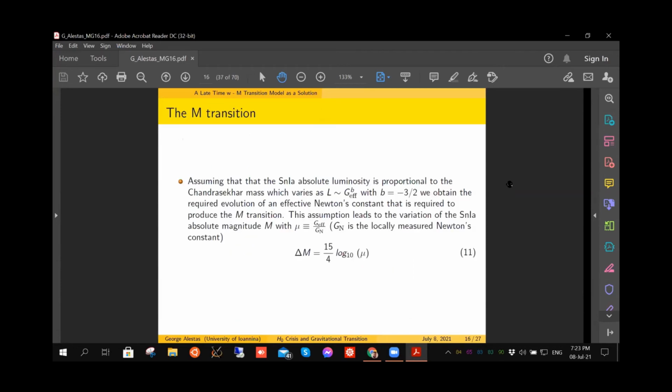Now, the main characteristic of the LWMPT model, as I said, is the transition in M, which can be connected with a gravitational transition through relation 11, which comes from the fact that the absolute luminosity of the supernova is proportional to the inverse square of the effective Newton's constant.